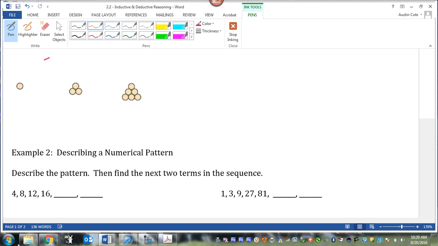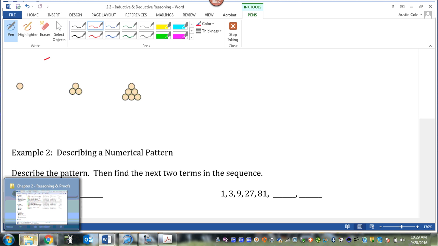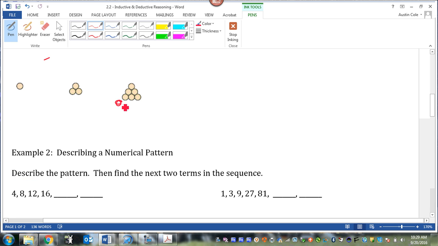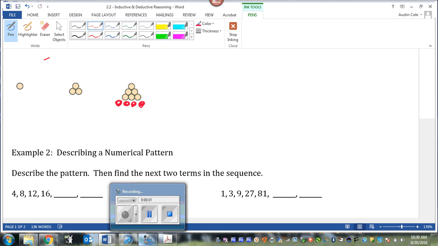What would the next one be? Think about bowling, right? Pretend you're looking over the pins. 4 more. Exactly right.